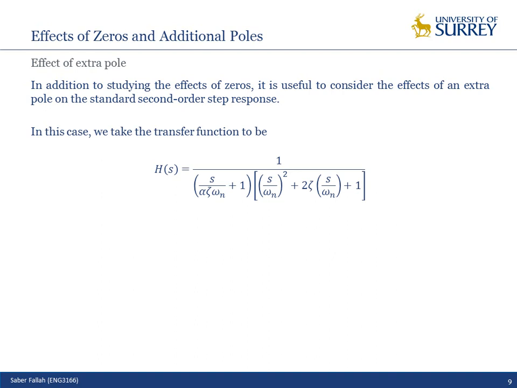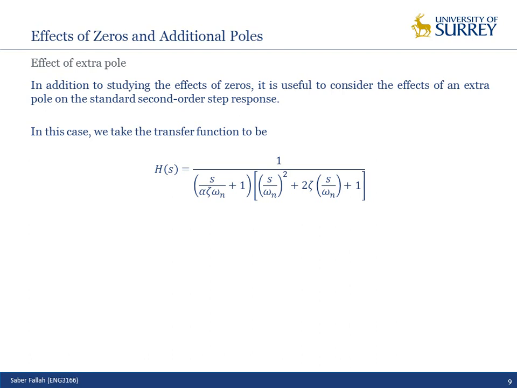But what's going to happen if I have one additional pole? For example, in other words, instead of having a second order system, I have a third order system. How will this additional pole affect the system? Is it correct or accurate to use this benchmark rise time, maximum overshoot, or settling time formulation I calculated for this third order system or not? Can I use those relations for this system or not?